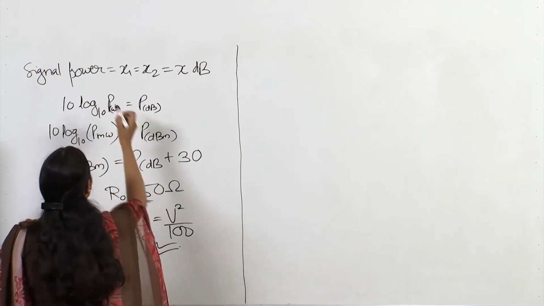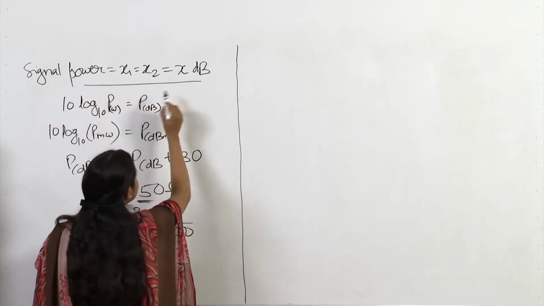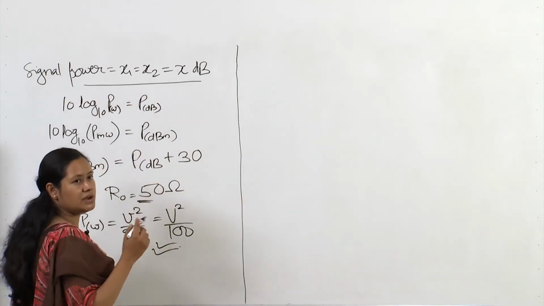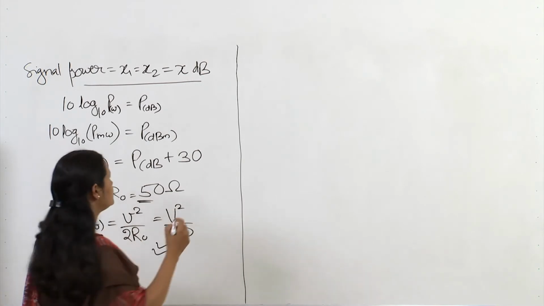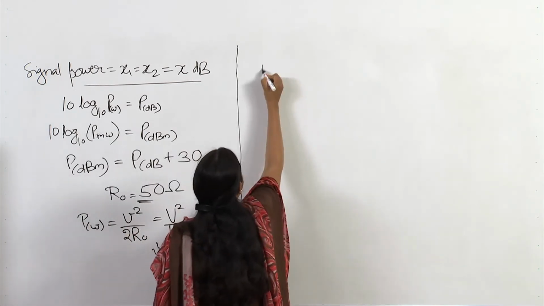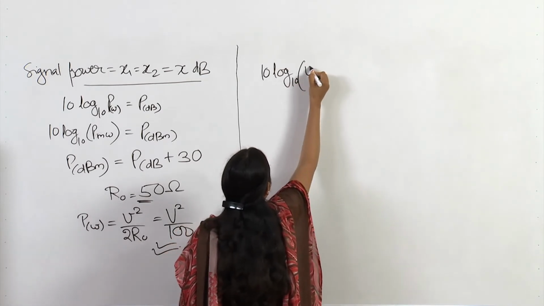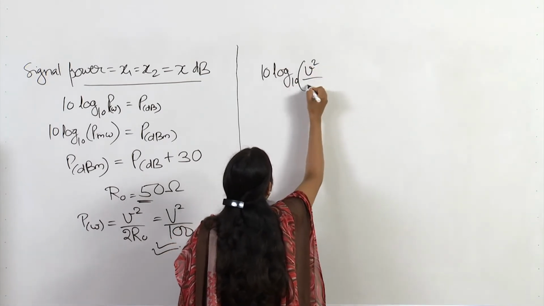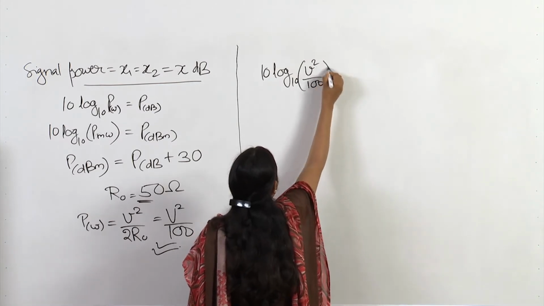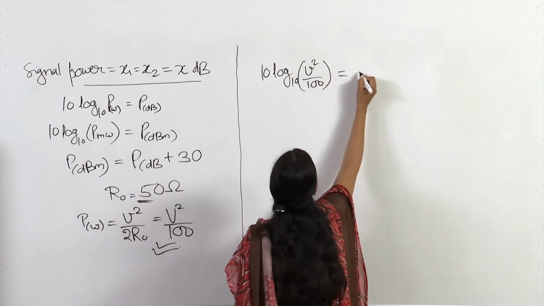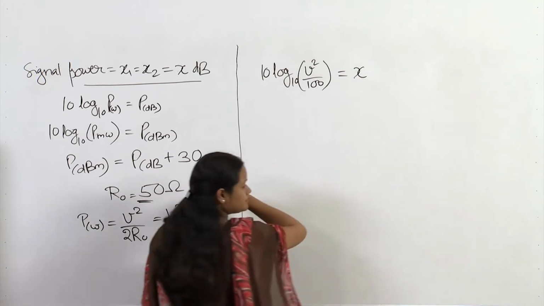So, we were starting with the point that our signal power at both the tones is x dB. Now, we want to convert it into voltage. So, what will be the relation? 10 log 10 V square upon 100 should be equal to x.